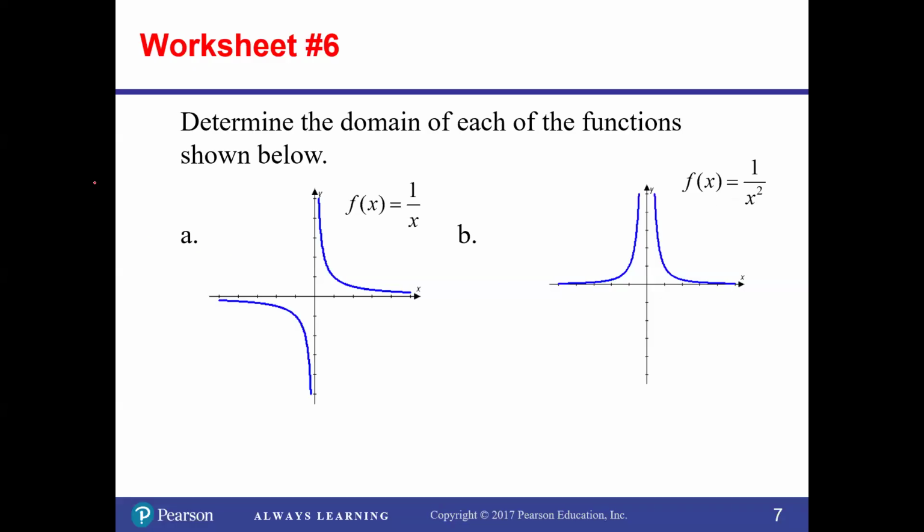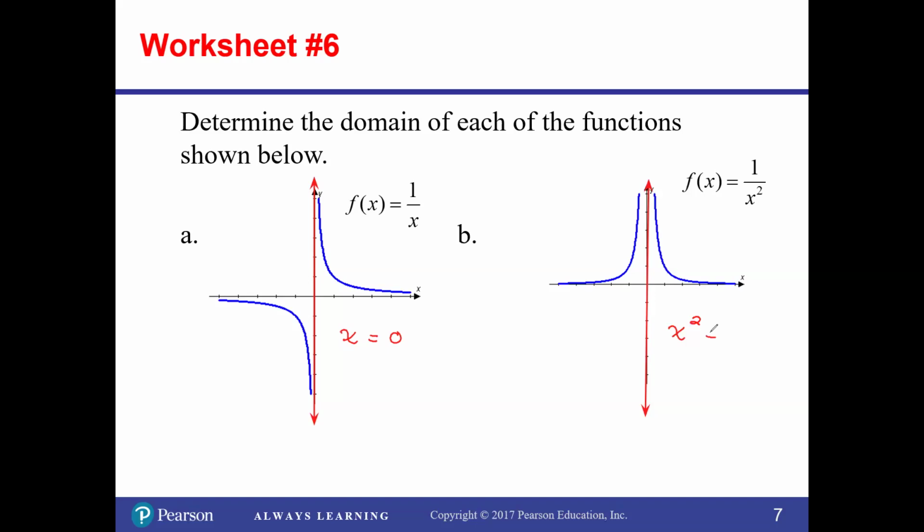So for 6, A and B, you'll notice that both of them don't seem to cross the y-axis, so that's x equals 0, which would make sense because in both cases, if I look at the denominator, I got x, so x equals 0. Automatically, if x is 0, that has to be out of my domain.